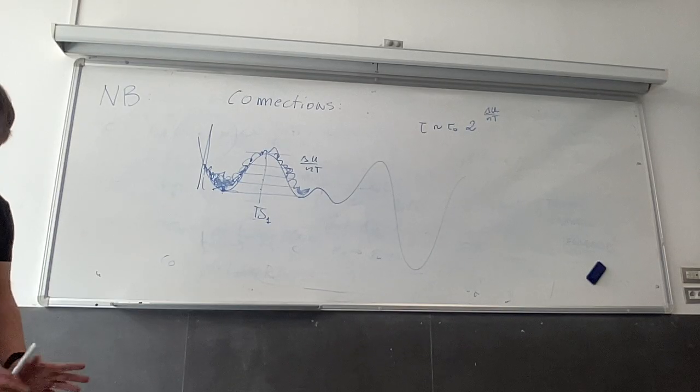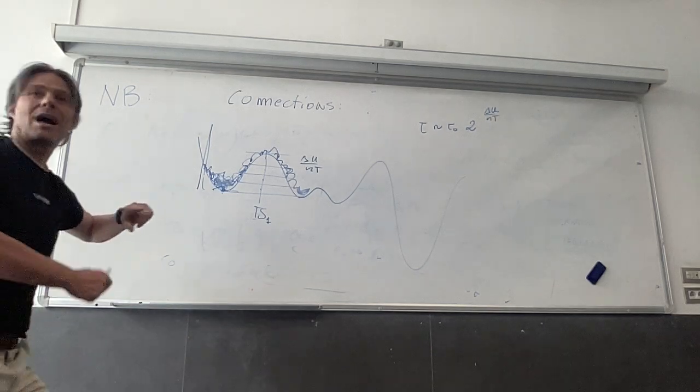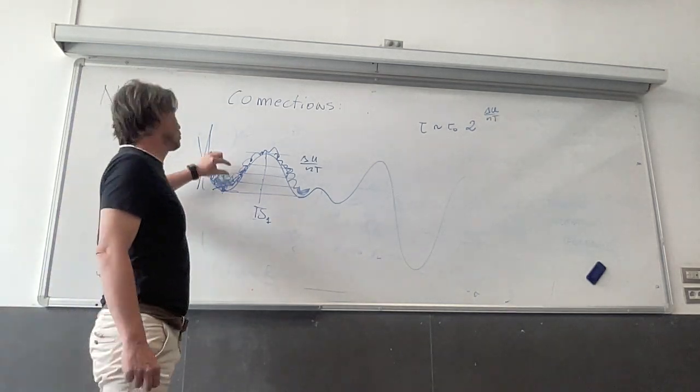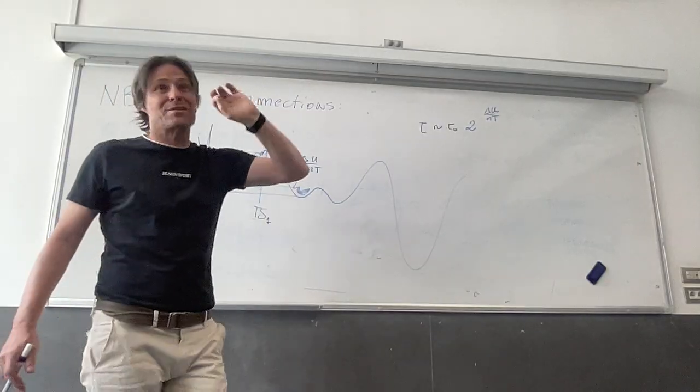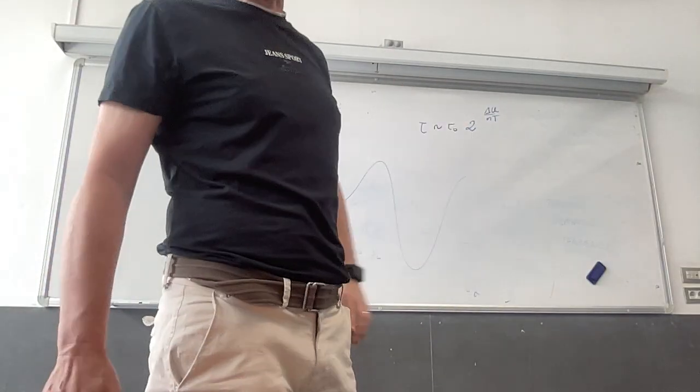This is an extremely crude estimate because, first of all, not all the kicks are exactly kT. In fact, they're not exactly kT, it's kT over 2, to be precise. But let's not be too precise.